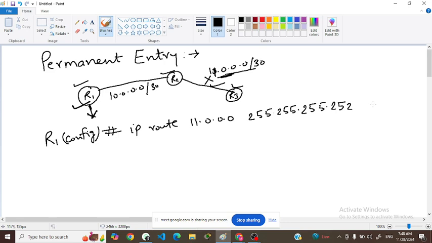And a keyword you need to add here, that is permanent. Before that keyword, you need to add the exit interface or next hop IP. Next hop IP here 10.0.0.2. Guys, is it clear?